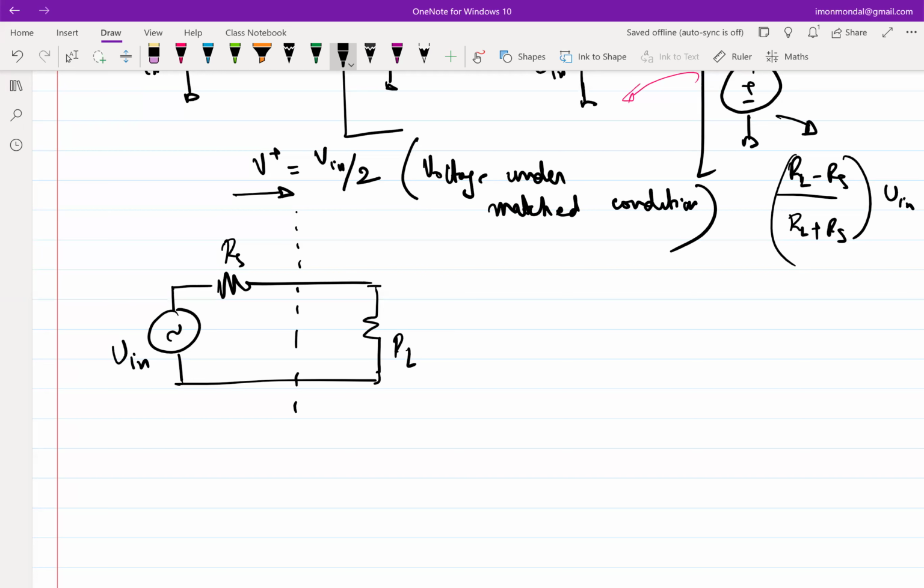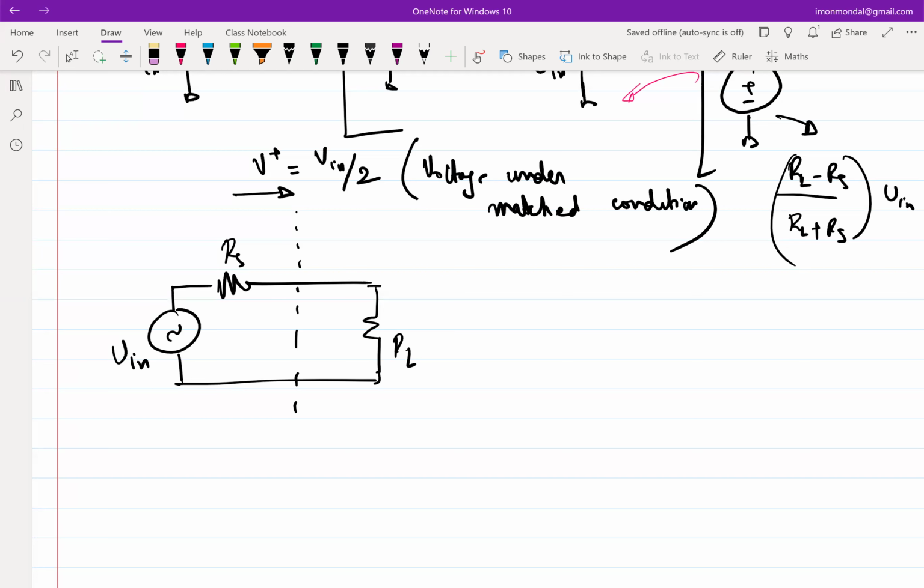Okay. And if I know the forward going wave and I know the total voltage here, I know what the reflected wave is. Now you might say that's a hack. That is a hack, and it works in cases in which I know the total voltage.